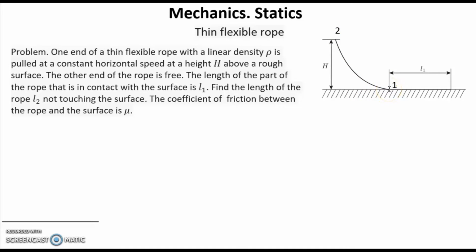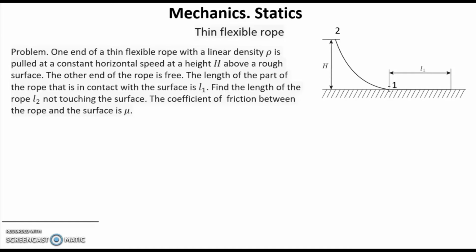Lower end connected to other part of this rope, length L1, which is pulled by this part of rope, and we can find what is the tension in this first end.